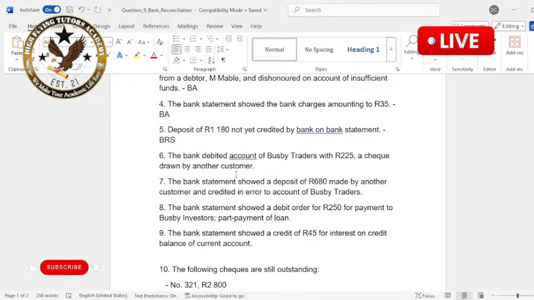Okay, so I'm going to read the transaction again. The bank debited the account of Busby Traders with 225, a check drawn by another customer. So what does it mean? It means the bank made a mistake, because remember, when the bank debits you in the bank statement, they're actually saying you are making a payment, but you did not make a payment.